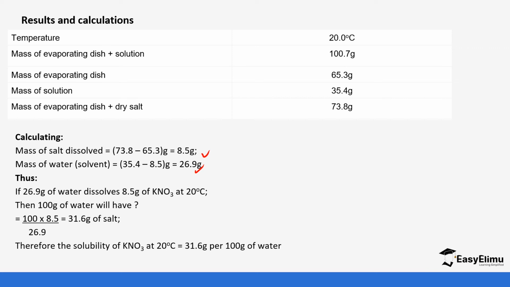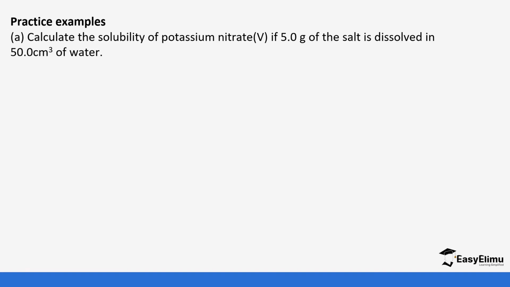So let's do a few examples so that you can understand the steps of calculating. You have been told to calculate the solubility of potassium nitrate if 5 grams of the salt is dissolved in 50 centimeters cubed of water.